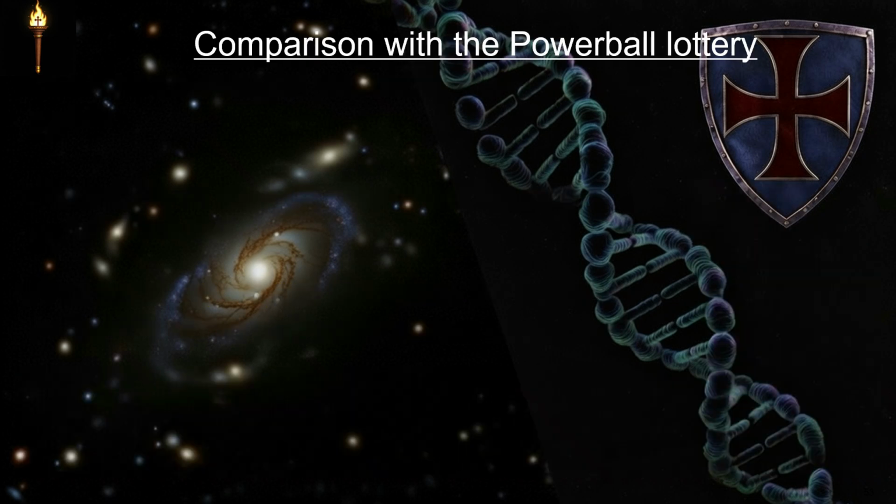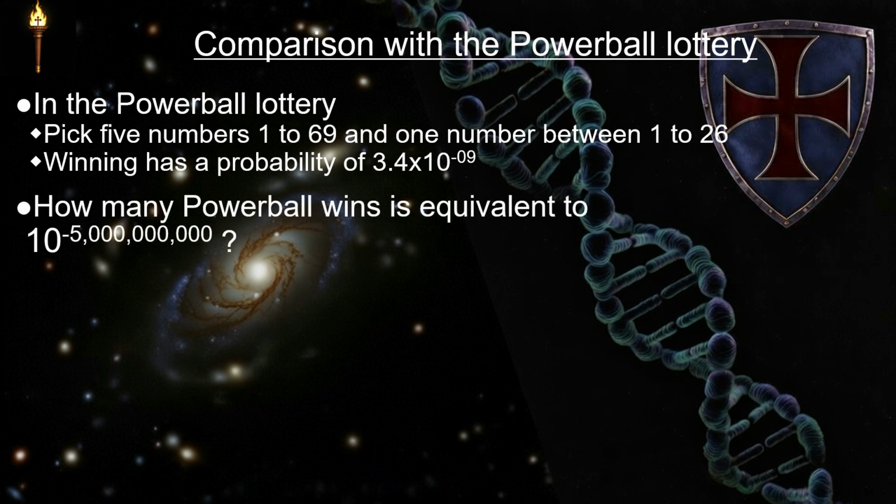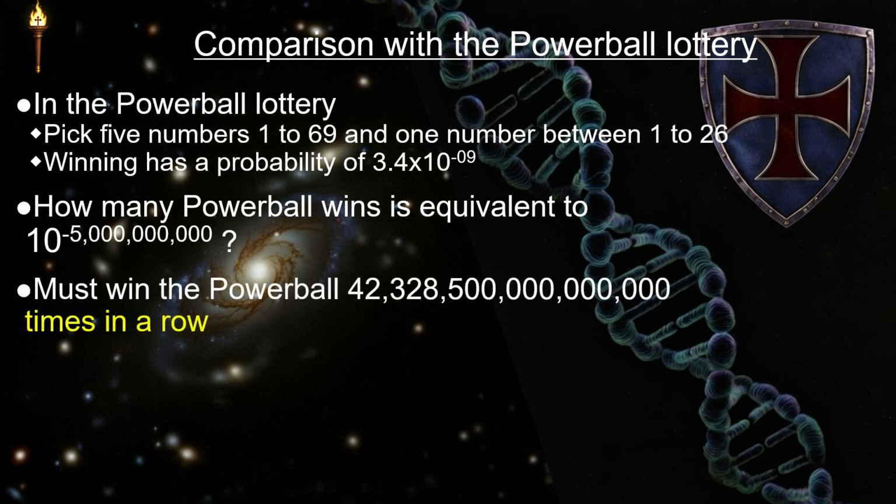Let's make another comparison with the Powerball lottery. In the Powerball lottery, you pick 5 numbers from the numbers 1 to 69, and you pick an additional number between 1 to 26. Winning has a probability of 3.4 times 10 to the minus 9. How many Powerball wins is equivalent to the 10 to the minus 5 billion? Doing some math, you must win the Powerball 42 quadrillion, 328 trillion, 500 billion times in a row.